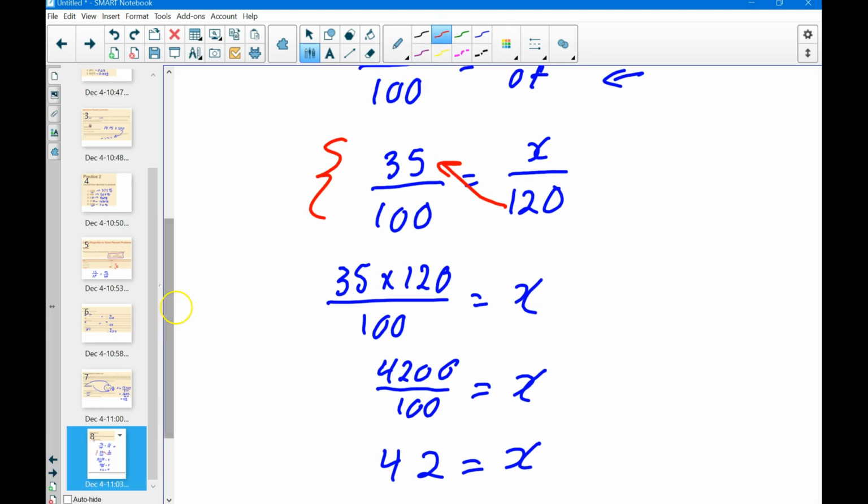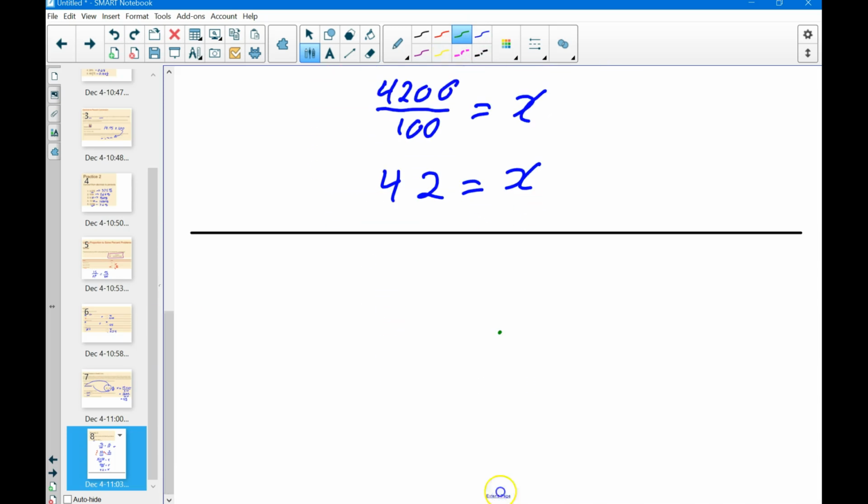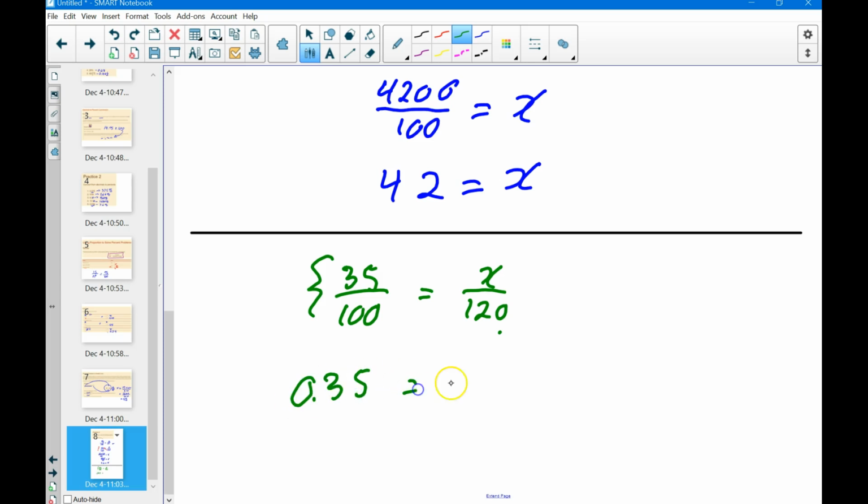Down here, I have 35 over 100 equals x over 120. First, I could just simplify this piece over here. In other words, I could just convert the 35 into a decimal right away. So basically it looks like this: 0.35 equals x over 120.